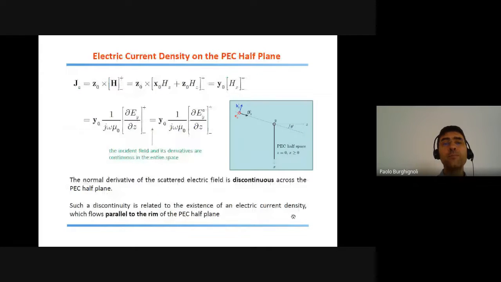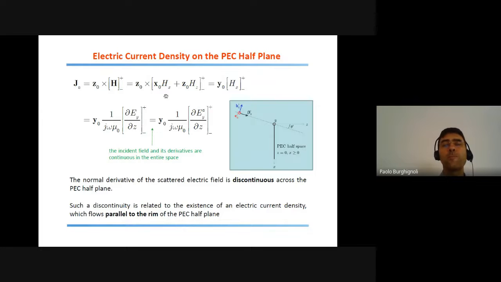Okay, having said that, we may consider also what happens right on the half plane. On that half plane, there will be a surface electric current that flows, which is related, as we know, to the jump of the tangential component of the magnetic field through the usual relation: z0, which is the unit vector normal to the half plane, times, this is a vector product, the difference between the magnetic field on the positive and negative sides of the half plane.